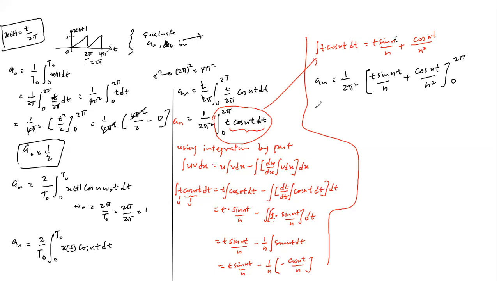And once again, by my previous deductions, this reduces to 0, this reduces to 0, so it's equal to 1 over 2 pi n squared into 0, which is equal to 0. So an is equal to 0.